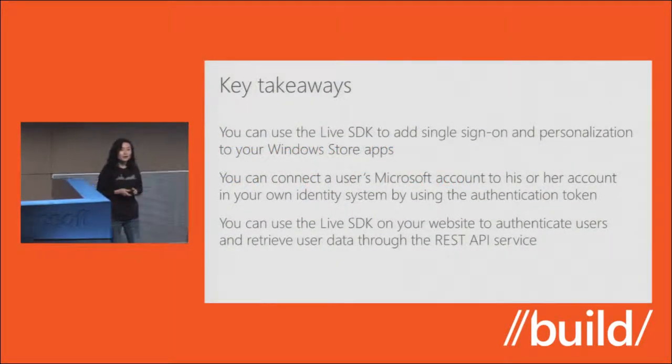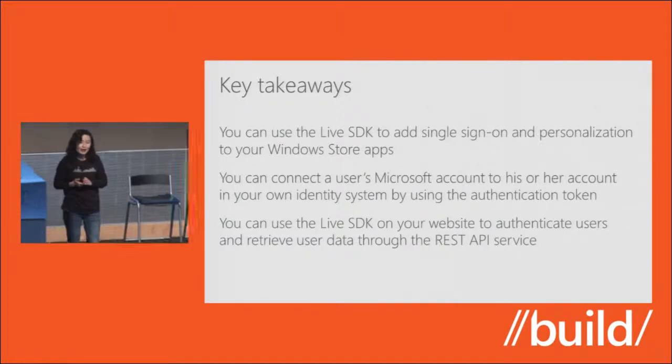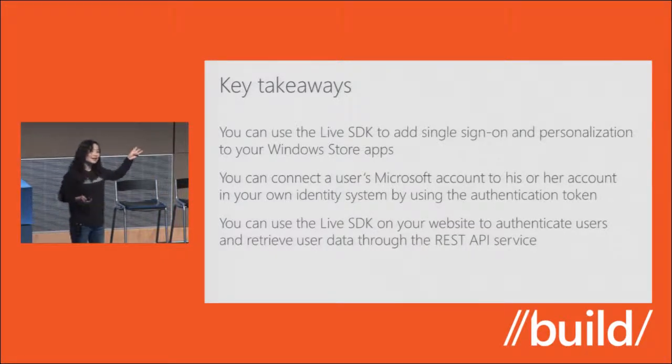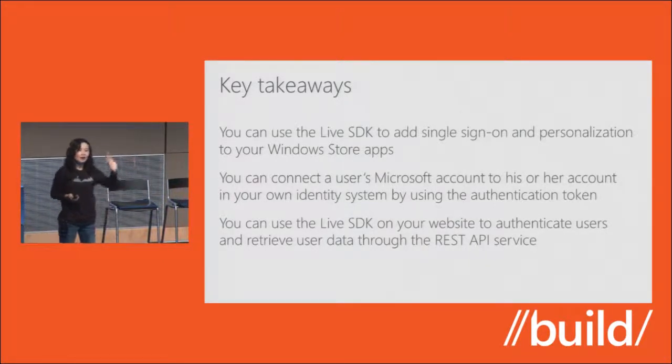We are pretty much on time, 45 minutes. The key takeaways I want you to walk out of this room with are 3 things. One is you can use Live SDK to implement single sign-on in your Windows 8 app.